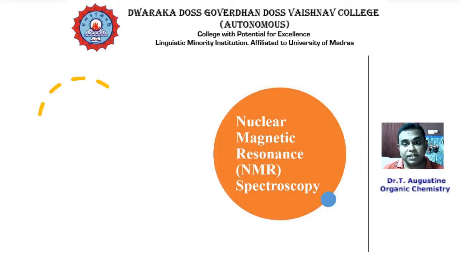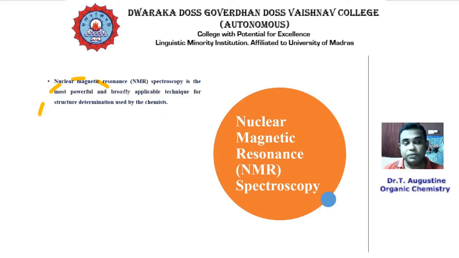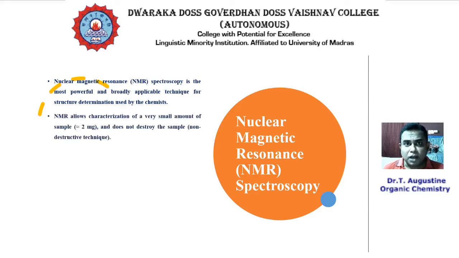Nuclear magnetic resonance spectroscopy is the most powerful and broadly applicable technique for structure determination used by the chemist. NMR allows the characterization of a very small amount of sample, say around 2 milligram, and it does not destroy the sample like how the sample gets destroyed in a mass spectrometry.